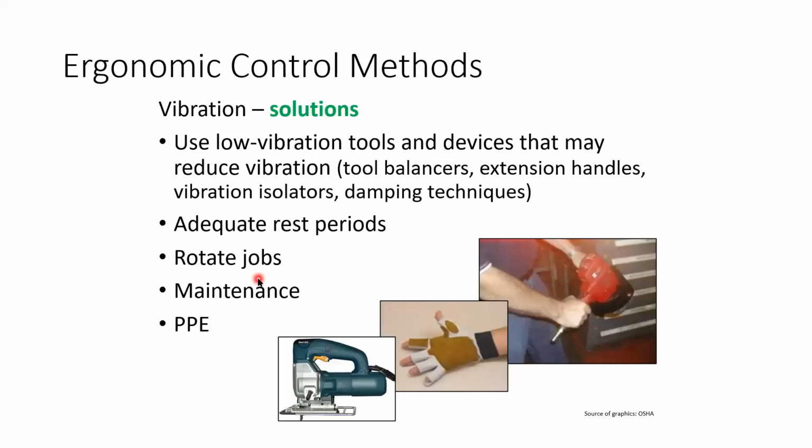How can we solve this hazard, or how can we control it? Firstly, we can use low vibration tools and devices that may reduce vibration, like tool balancers or extension handles, vibration isolators, which are not for the whole body but for part of the body, and damping techniques.